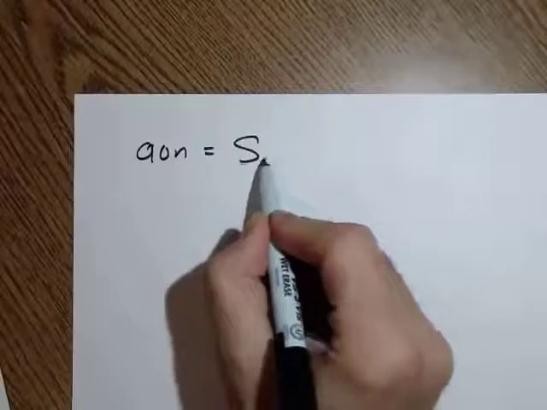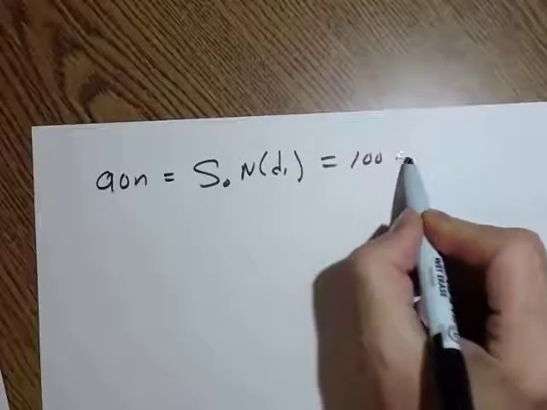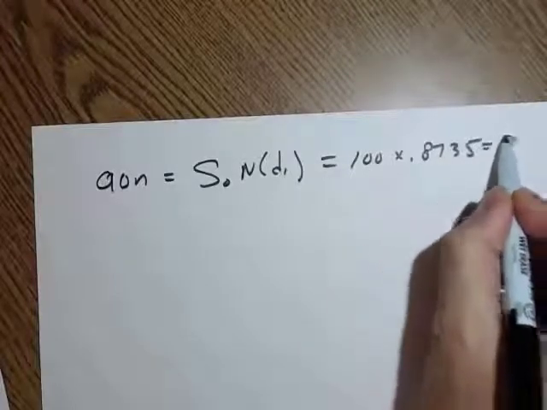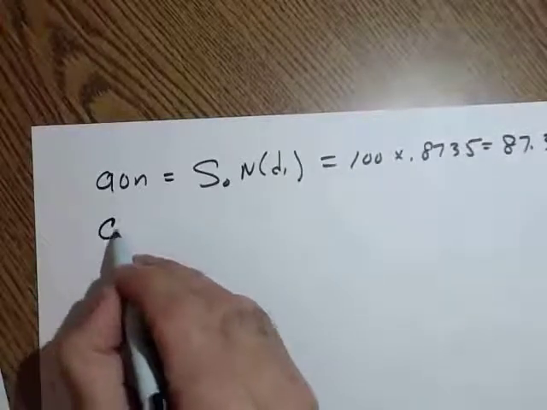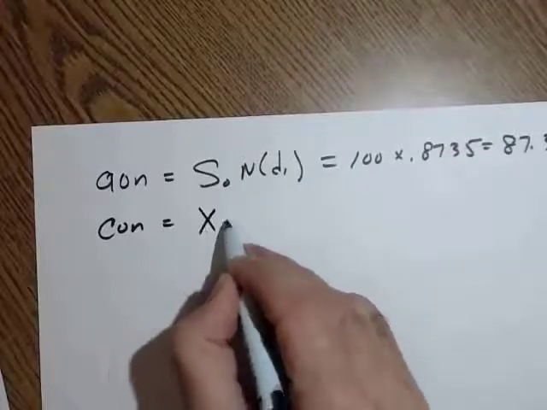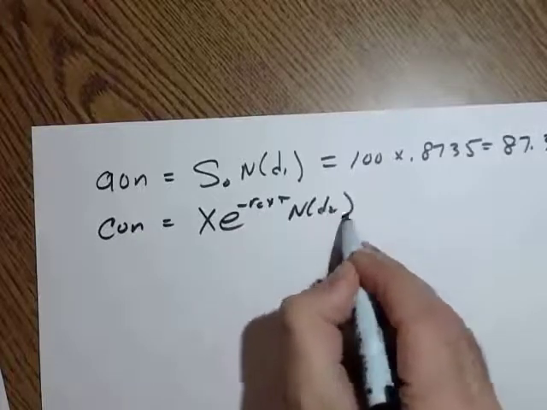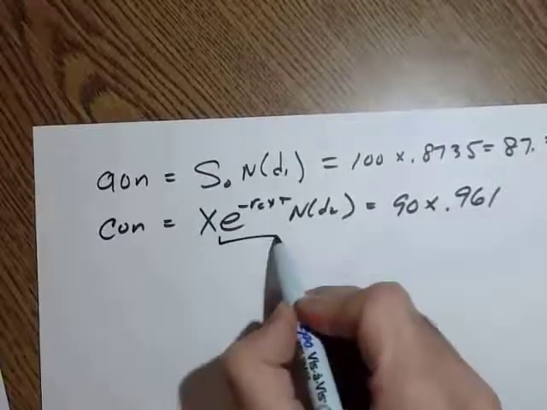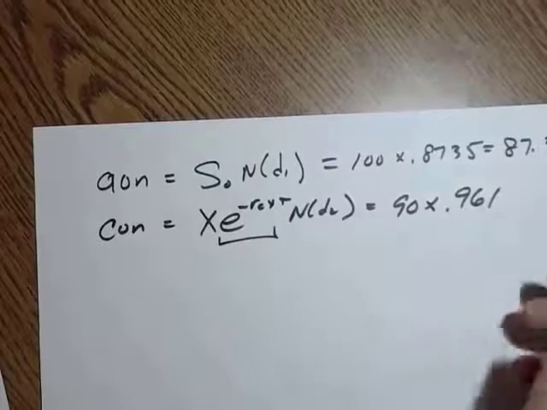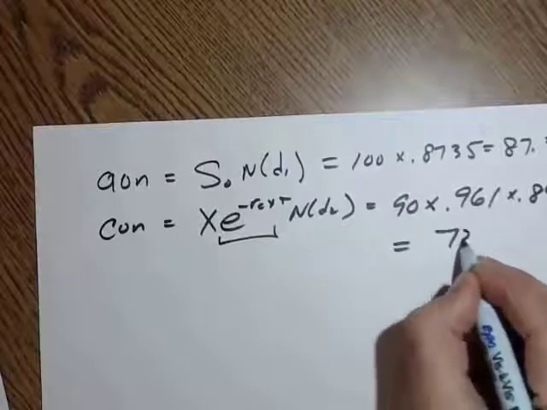Let's see if that happens. So the asset or nothing is S times N(d1), right? And that's going to be 100 times 0.8735, and that's 87.35. And then the cash or nothing is X e to the minus rT times N(d2), 90 times 0.961, which is this discount factor basically, times the 0.8433, and we get 72.92.